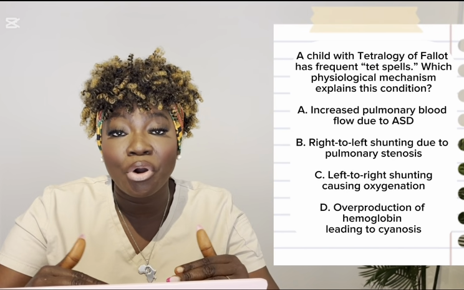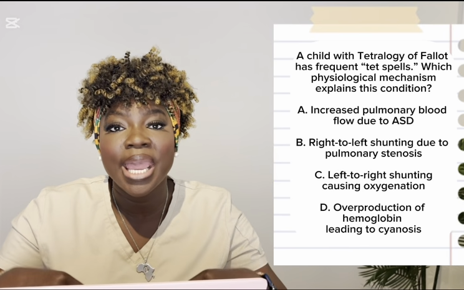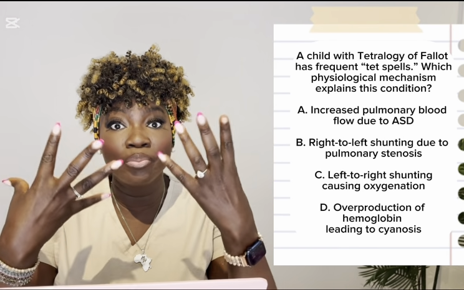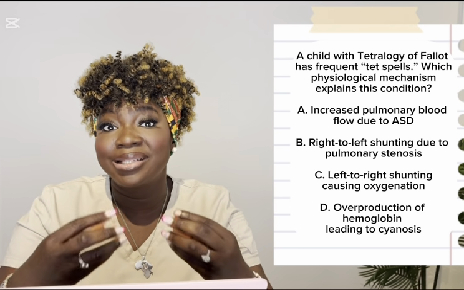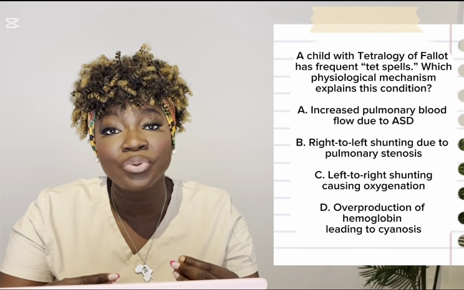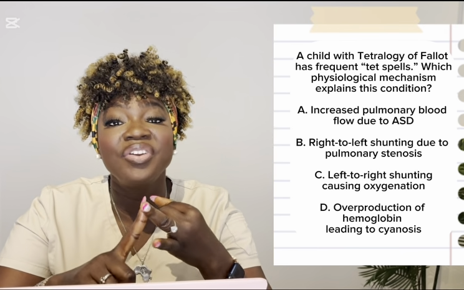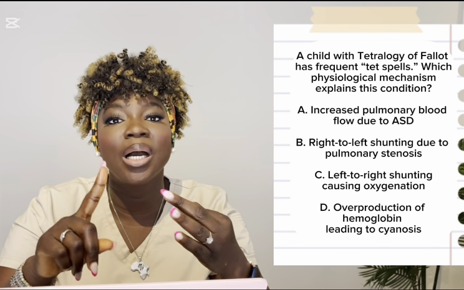There is a sudden drop of oxygen level in the blood, and the baby begins to turn bluish on the skin, right? And that signifies lack of oxygen, and this happens when the baby is crying, feeding, or awake.